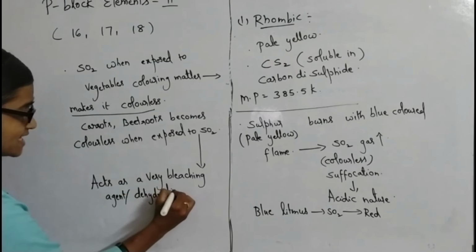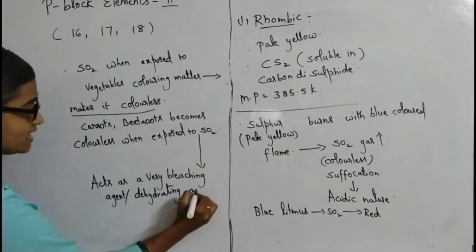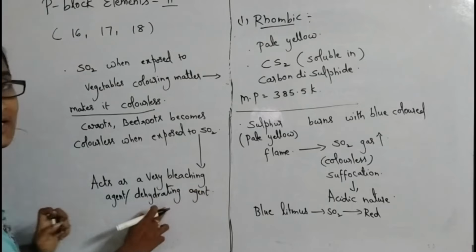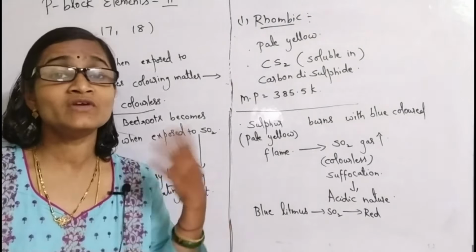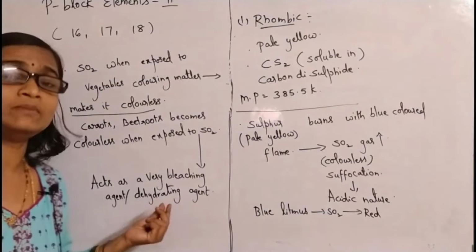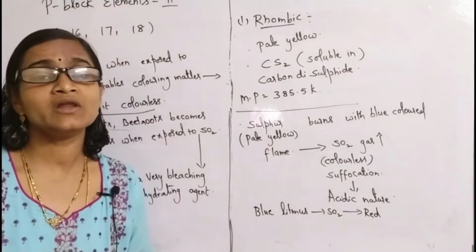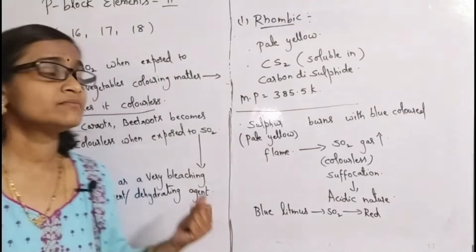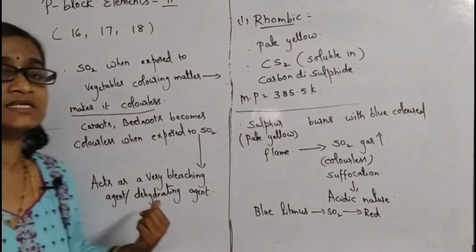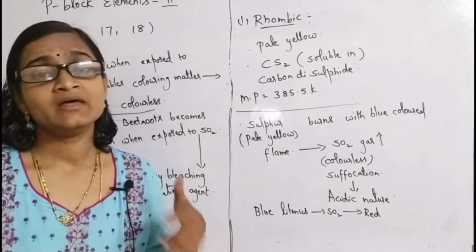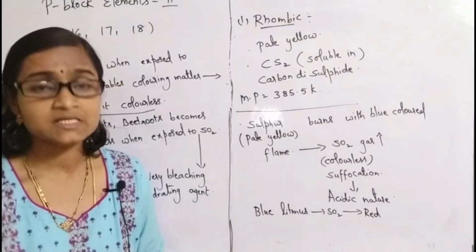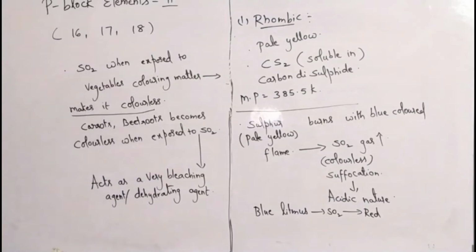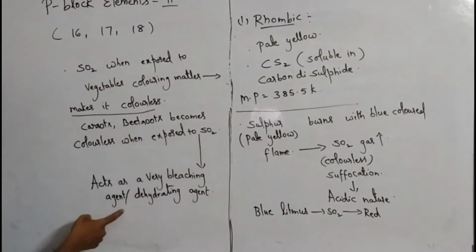Sulfur dioxide acts as a very good dehydrating agent. The word 'de' stands for removal. Removal of the hydrating molecule means the water molecule gets removed from those vegetables or colored flowers. That's why they get bleached off, meaning they are rendered colorless. So sulfur dioxide acts as a very good bleaching agent.